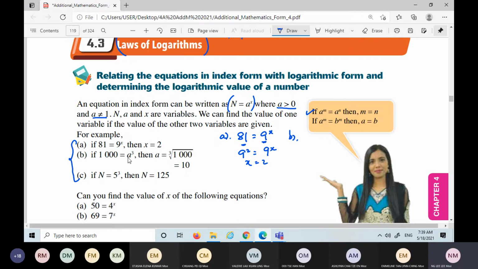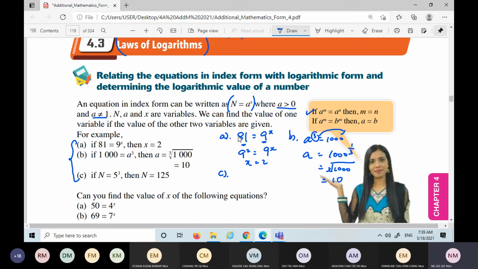You can write it as a to power 3 is equal to 1000. Then the 3 moves to that side and becomes power 1 over 3. Power 1 over 3 means cube root of 1000. Therefore the answer is 10. This is for B.